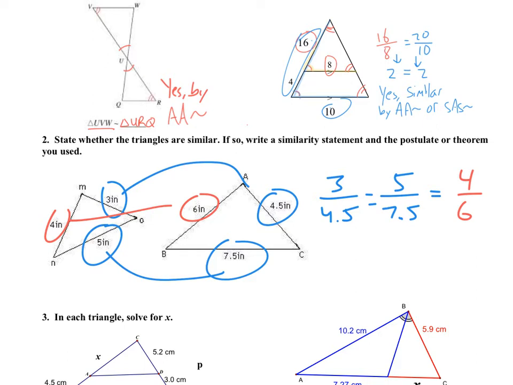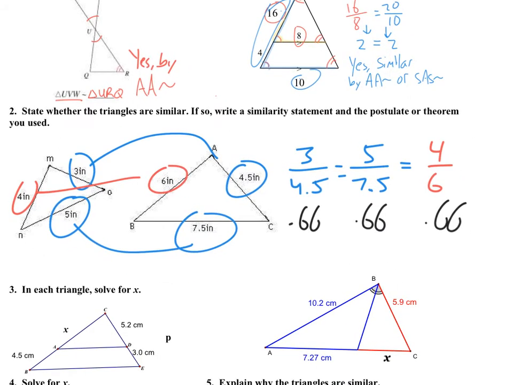So if you divide these out, use a calculator, they'll all come out to be 6.6 repeating. And so all the fractions are the same. That's kind of the best way to show that these are all the same. So we can say yes, okay, and they're similar by side, side, side similarity, okay?